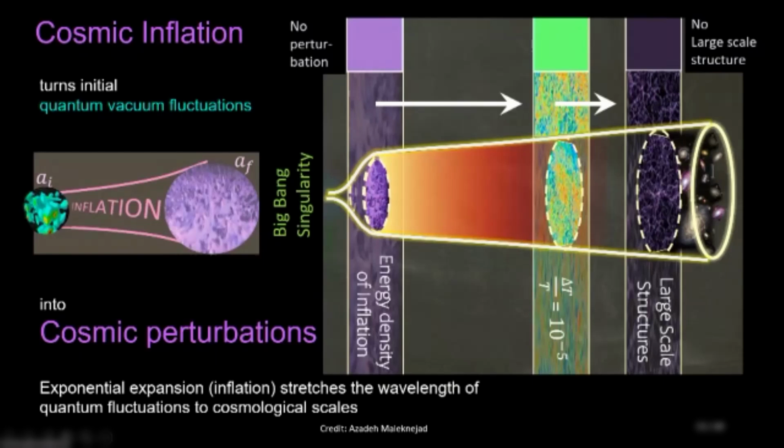Why do we believe that there were perturbations, that there was a structure back then that got expanded, that got stretched by many, many orders of magnitude, of which the wavelength now is as large as the entire universe? Because we know that vacuum is not nothing. Vacuum is not emptiness.